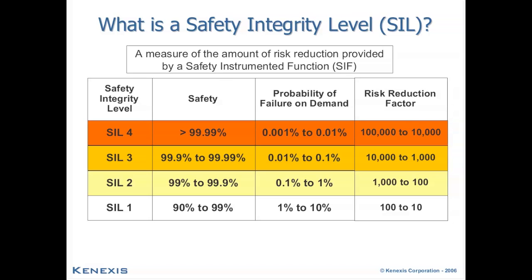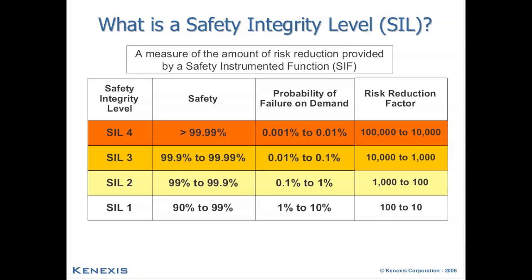So the objective of SIL selection is to determine the level of risk that will require a SIL 1, and specify a SIL 1 where it is needed. If we have a higher level of risk, higher hazard, then perhaps a SIL 2 or maybe even a SIL 3 is required to achieve a level of risk that's deemed tolerable.